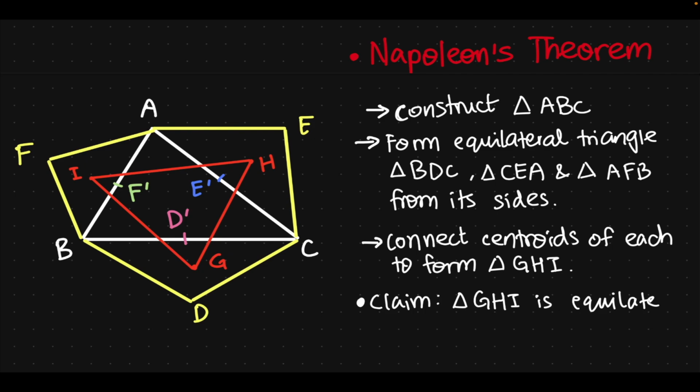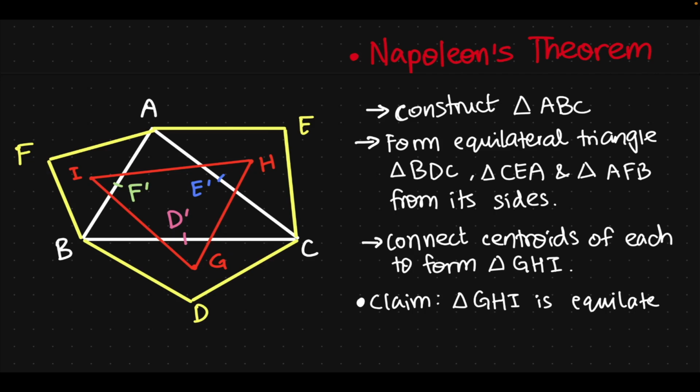So the equilateral triangle from side BC is going to be BDC, and similarly we have equilateral triangle AEC from side AC, and equilateral triangle AFB from side AB.